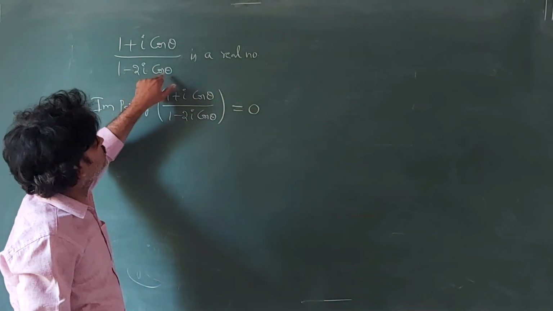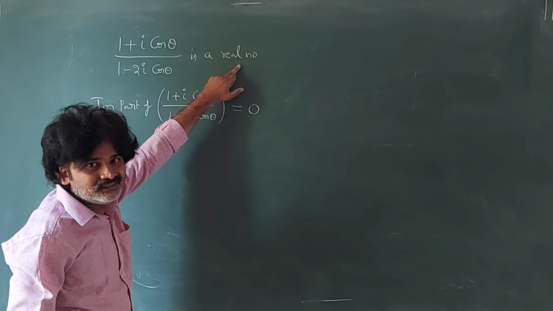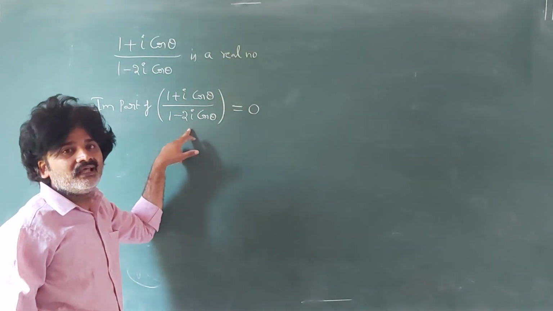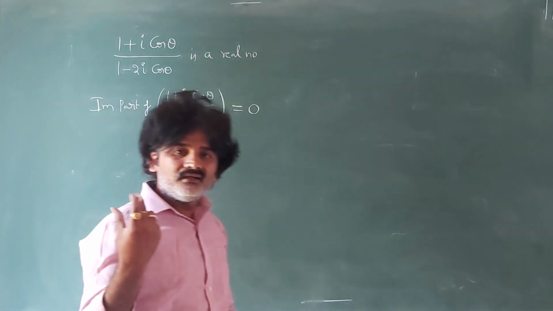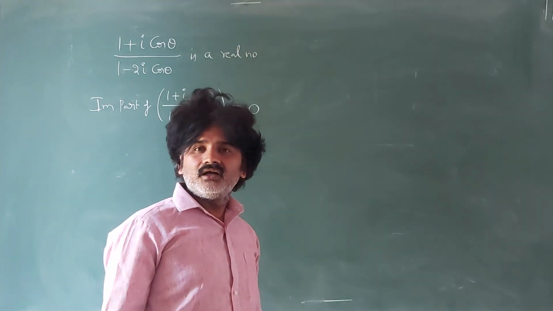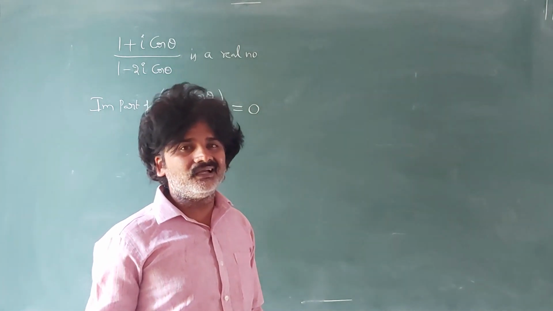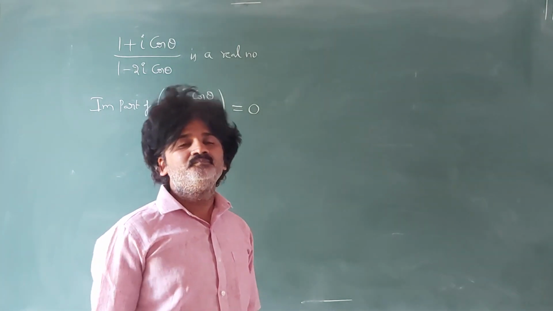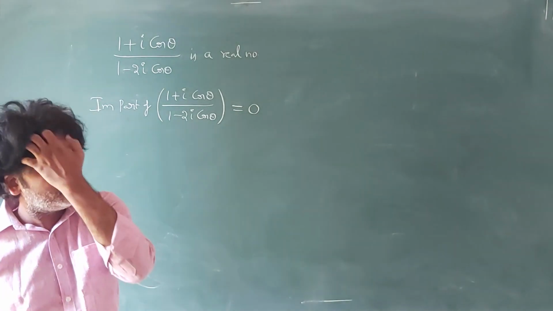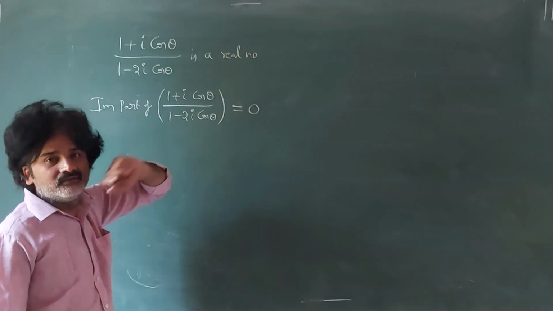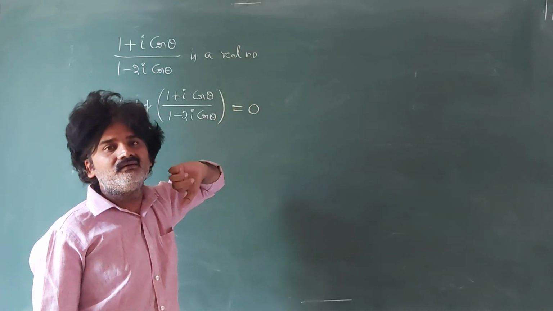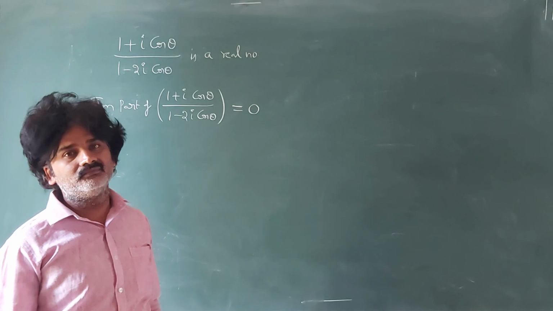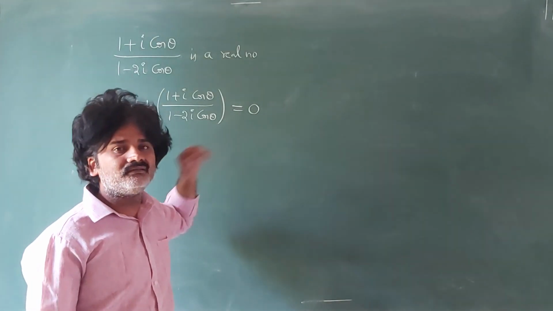Suppose if they say this is purely imaginary, then write its real part equal to 0. So this is a standard model, don't forget. Any complex number given to you, if they say it is a real number, its imaginary part is 0. If they say it is purely imaginary, then its real part is 0. So now they gave it is a real number, hence its imaginary part is 0.